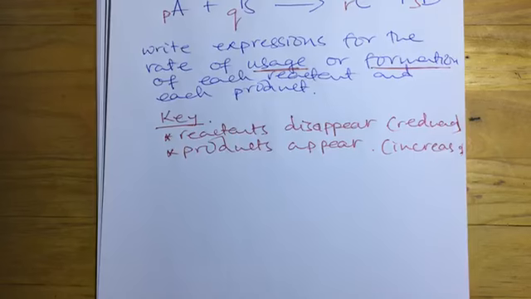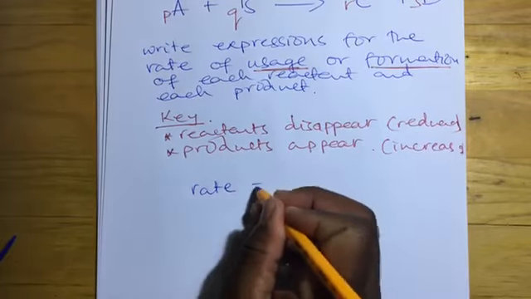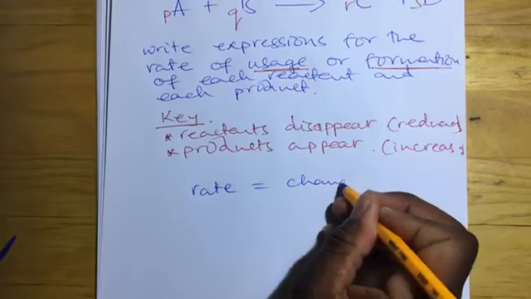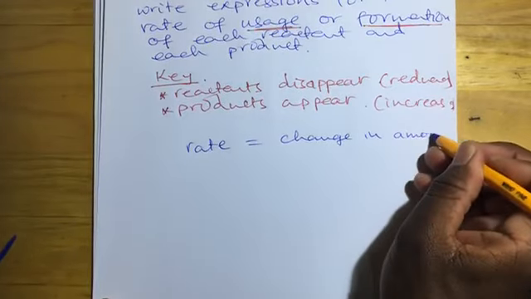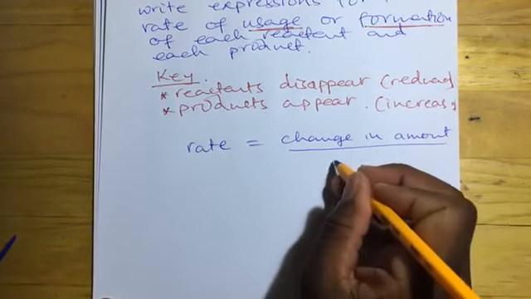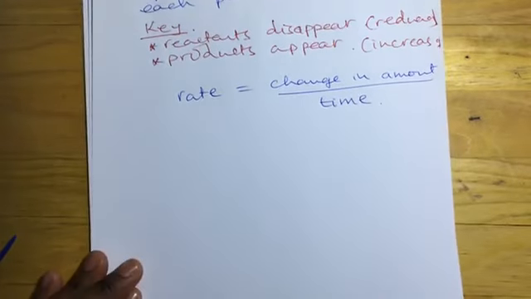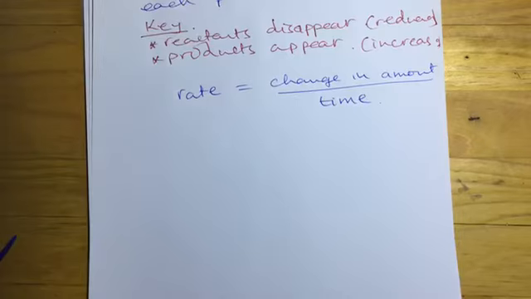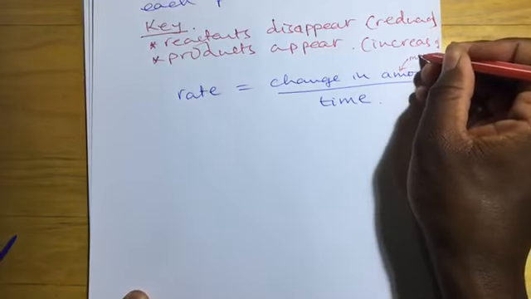Now, you need to understand what the word rate means. Rate is basically change in amount divided by time. Because we are looking at reactants and products, the change in amount, obviously, we're going to refer to moles.